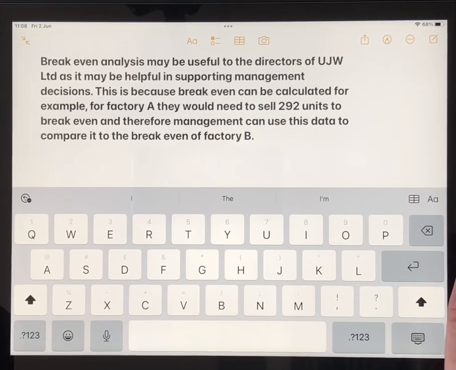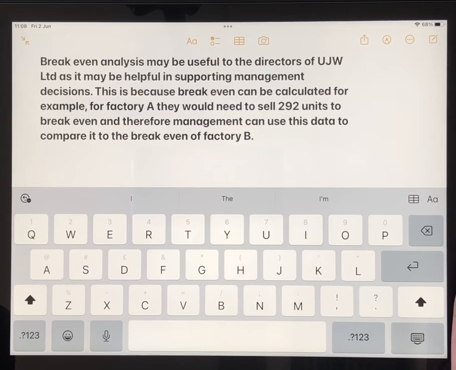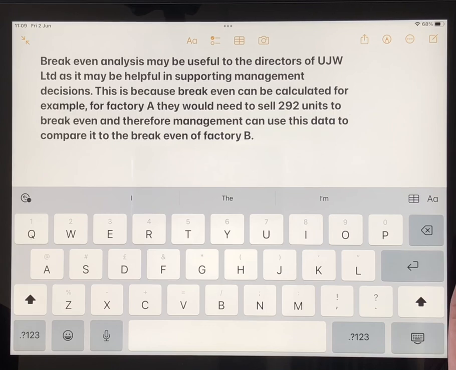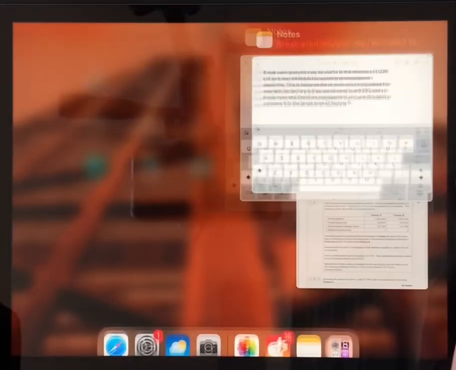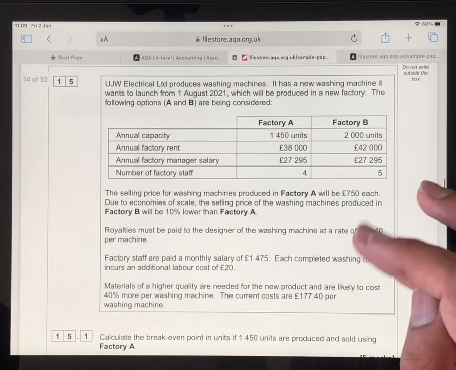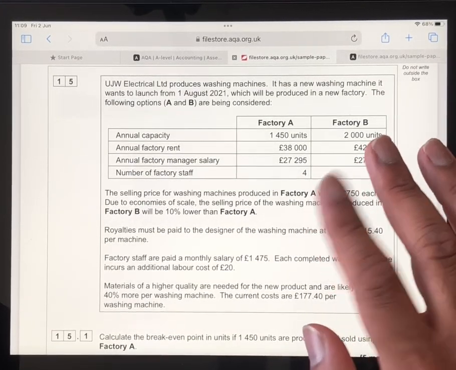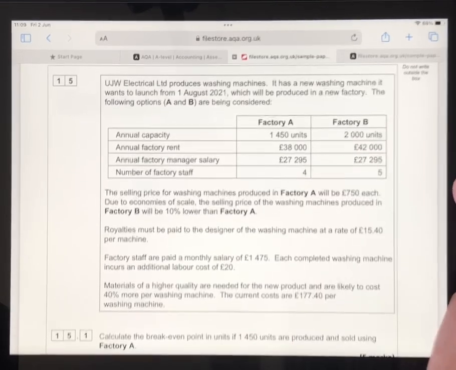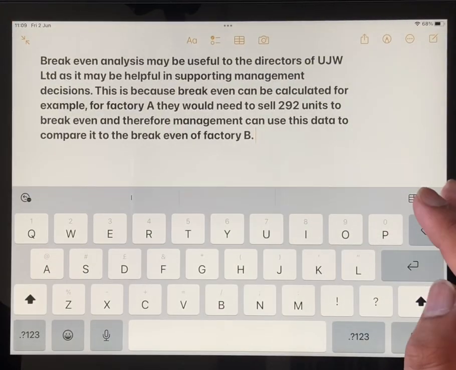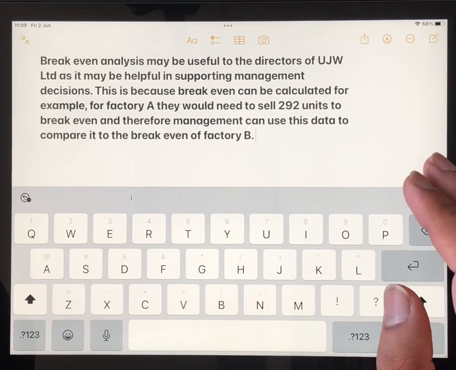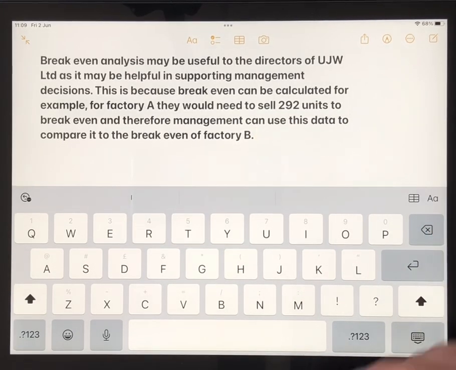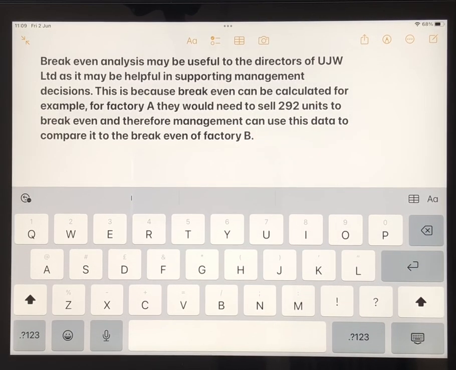Now, if you read the question, it mentioned in the question that they are deciding to choose between, is it factory A or product A? Let's have a quick look. Factory A. There's two options being considered, two factories being considered, A or B. Okay, so they can use the data and they can compare it to the break-even of factory B. Okay, that's what we started off with.